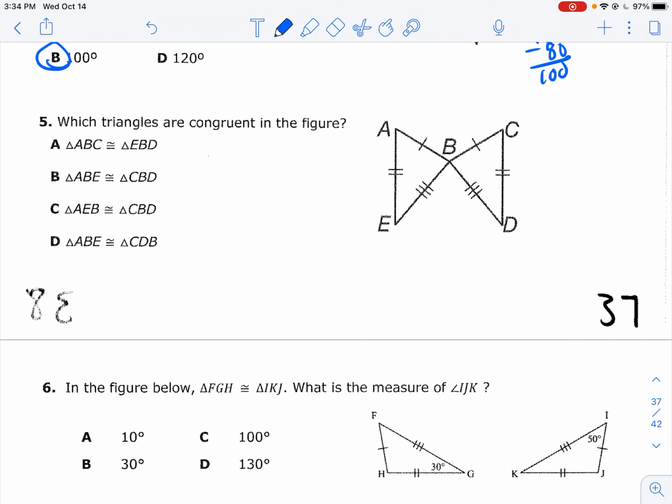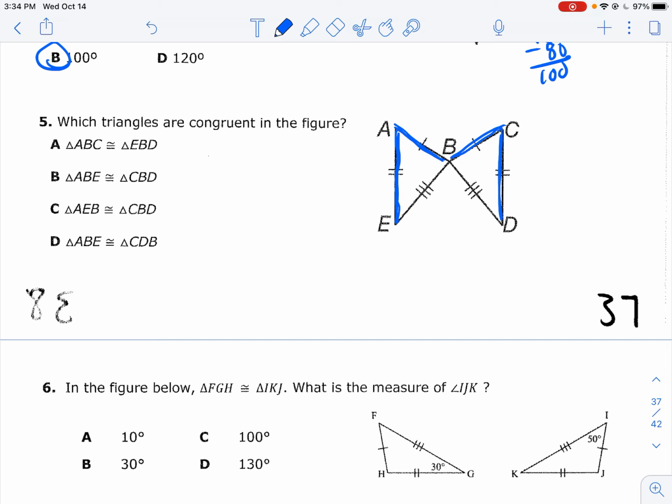And number 5, which triangles are congruent in the figure? Well, let's match up the sides. We have side AB is congruent to side CB, and, well, actually, we can just probably look.